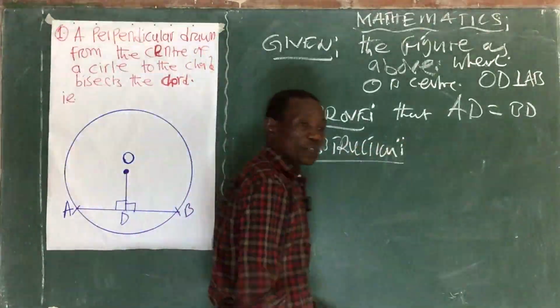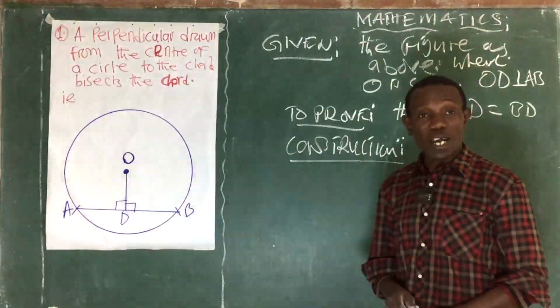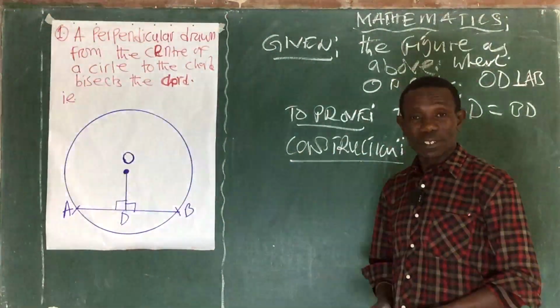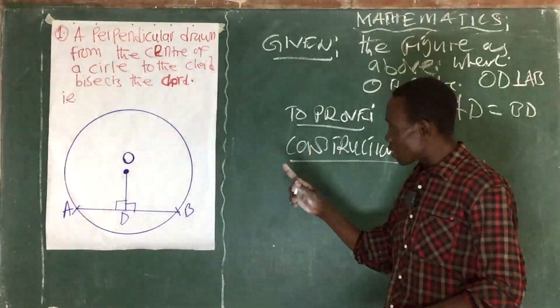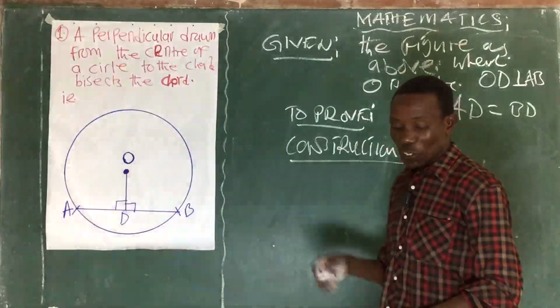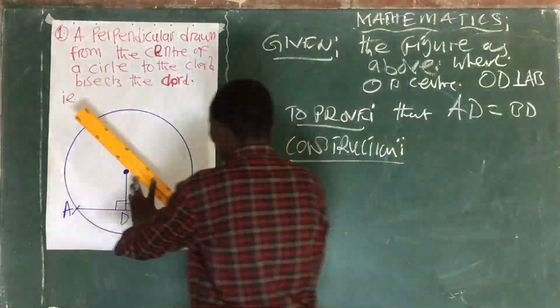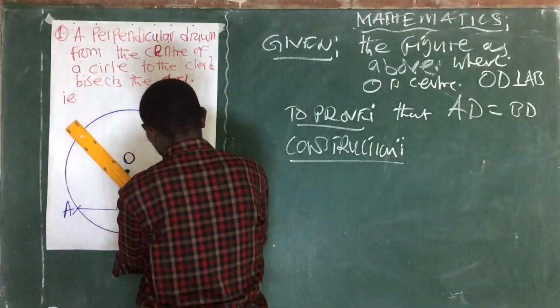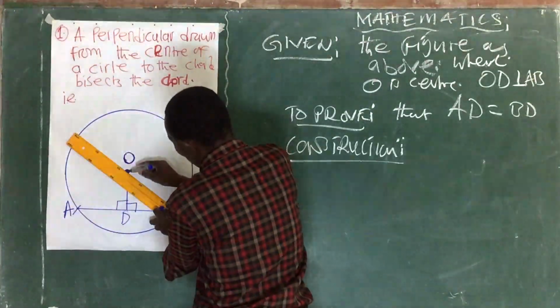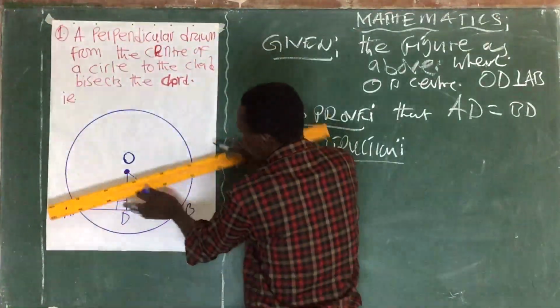If necessary, you'd like to add something on the diagram. Right. According to this, we need to add two radii in that circle. One should come from center O joining at B. Another one should start again from center O joining to A. So here we go, like this. Look, with my ruler, I'll come like this, like that one. That is my constructed line, which is a radius.